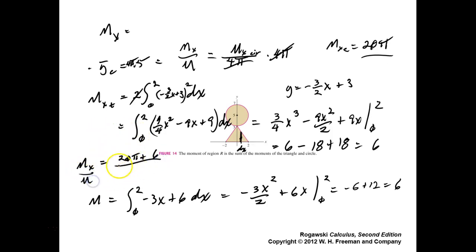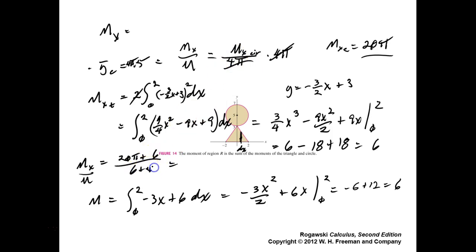Divide that by the mass over 6, and this will be, yuck. Oh, wait. Nope. Sorry. 6 was just the mass of the triangle. What was the mass of the circle?